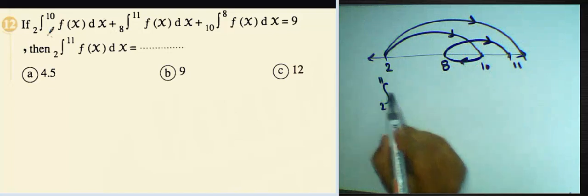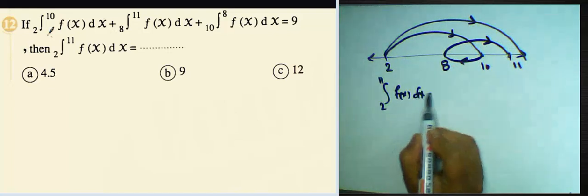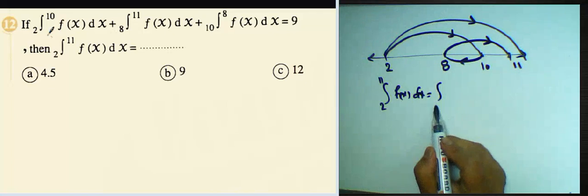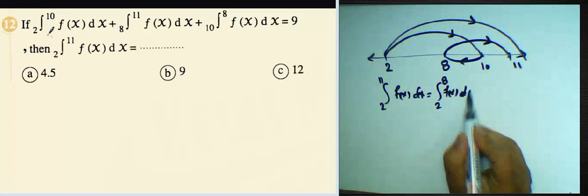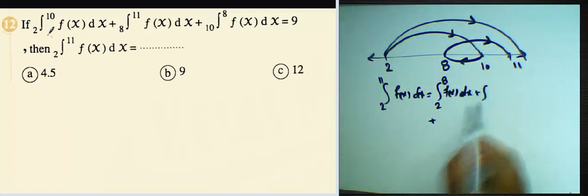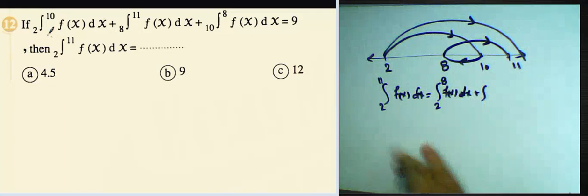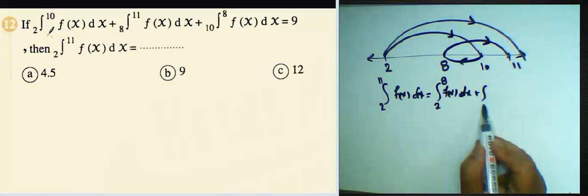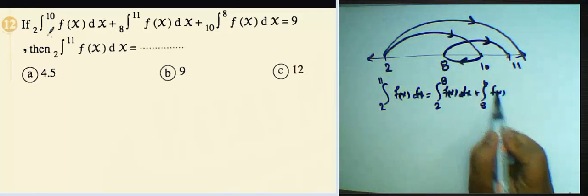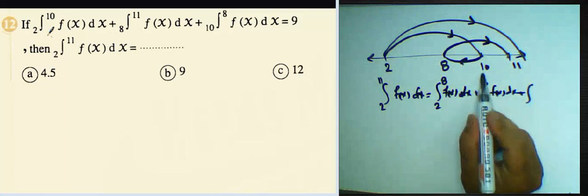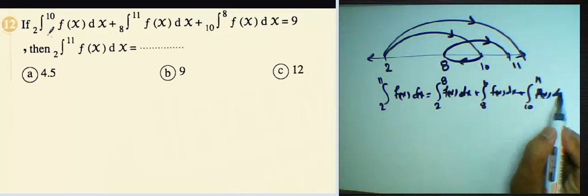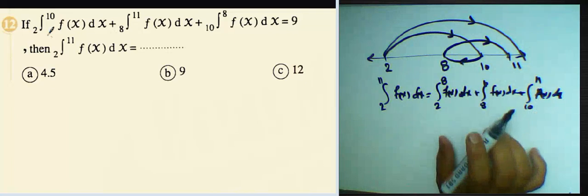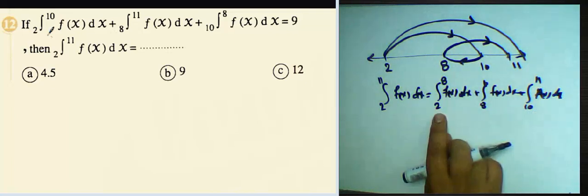Integration from 2 to 11, f of x dx, will be integration from 2 to 8 plus integration from, complete with me, 8 to 10 plus integration from 10 to 11. He gives us this example. Look at here, 2 to 10.